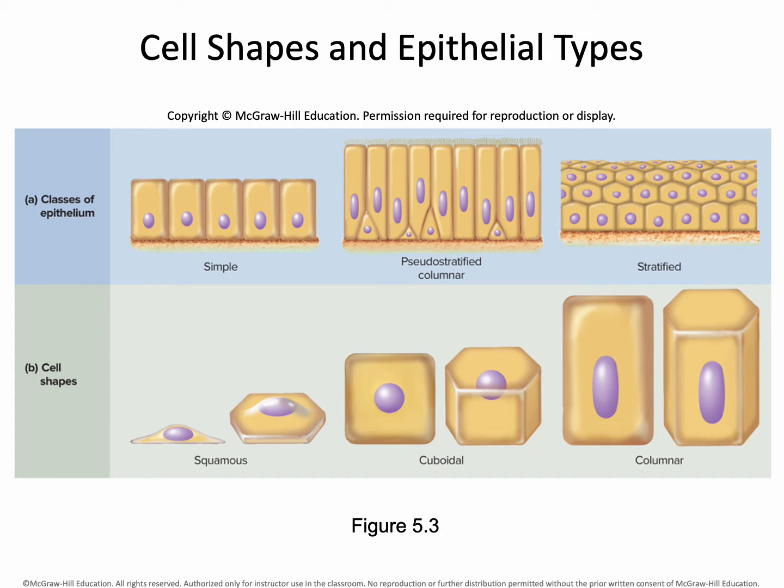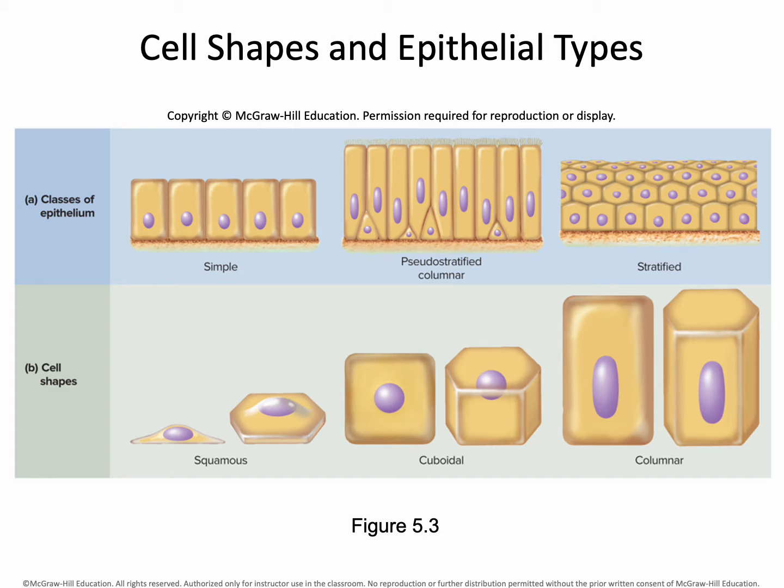Again, with the shape, you're seeing them kind of on the edge and kind of tilted. The squamous is very flat. Think like a fried egg, basically, if you're looking at that egg on end versus on top of it. Cuboidals are about as tall as they are wide. They may be hexagonal or kind of roundish in shape, depending on what's around them.